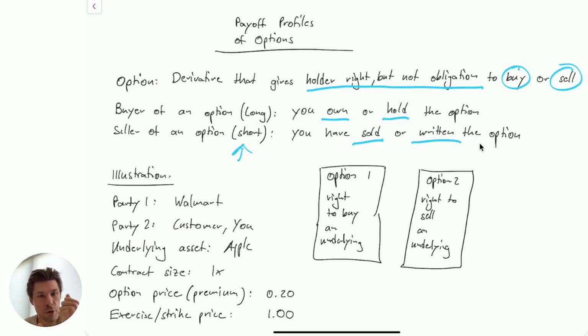Two types of documents. The first type of document, where you have the right to buy, is called a call option. The second document, where you have the right to sell, is called a put option.